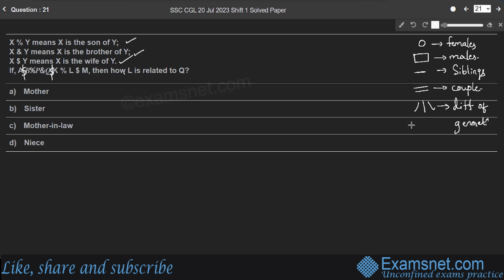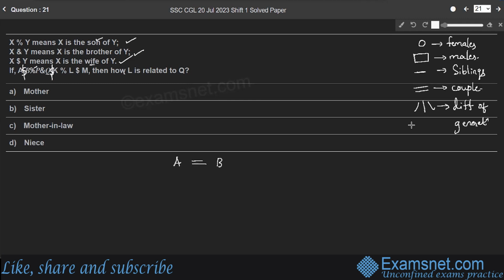Here the question is A dollar B. Dollar means the first person is the wife of the second person. Therefore, A and B are a married couple. And B percentage P. Percentage means the first person is the son of the second person.